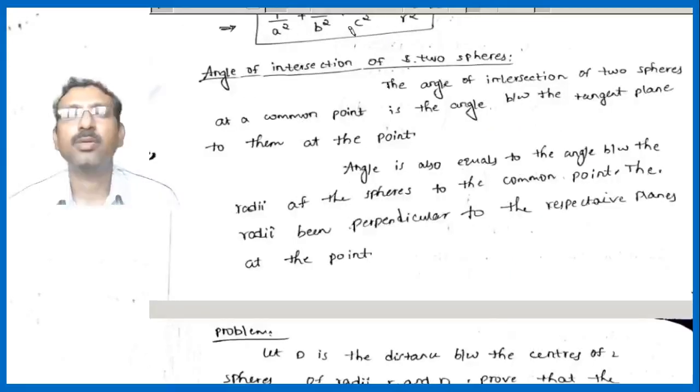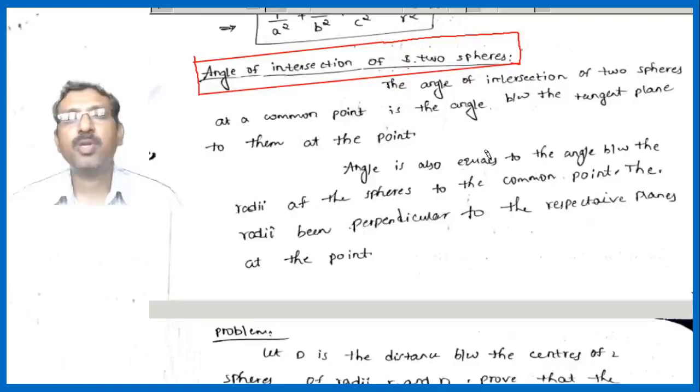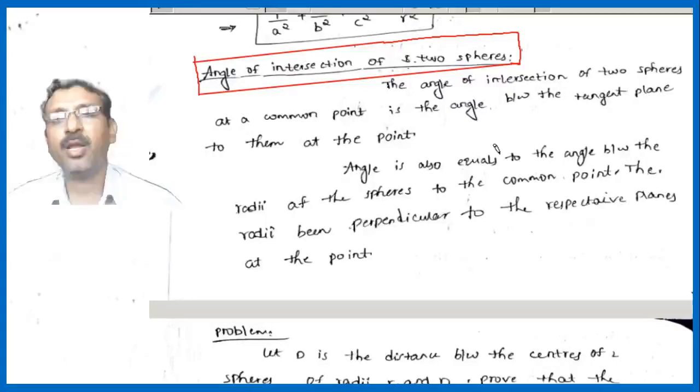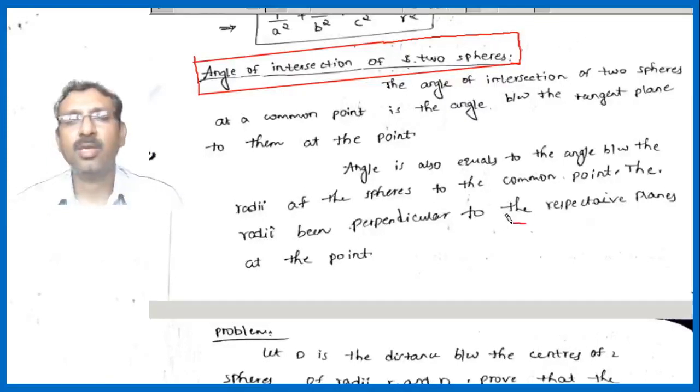Okay, here is one more important concept, the angle of intersection of two spheres. If two spheres may not touch either externally or internally, there will be another case, they intersect in a circle.